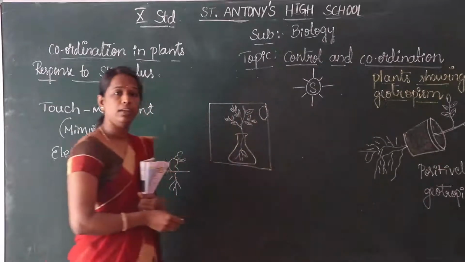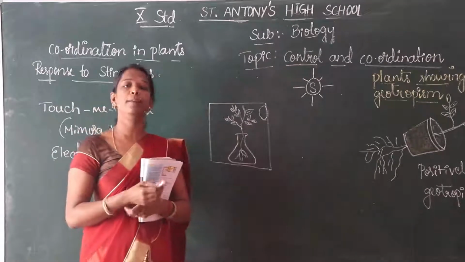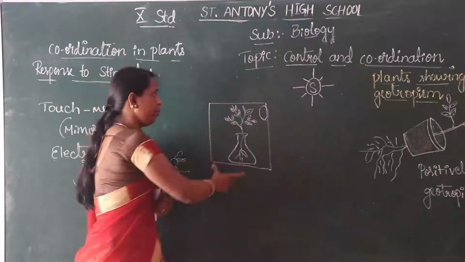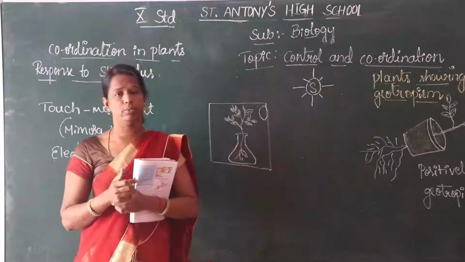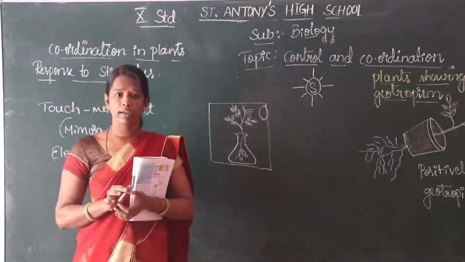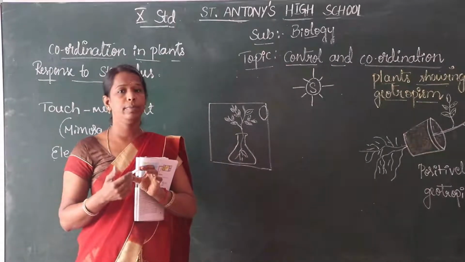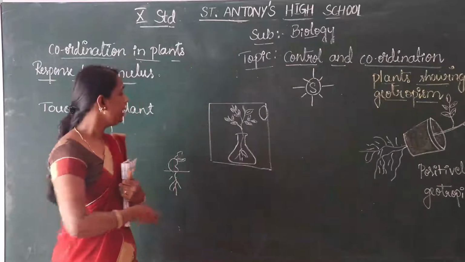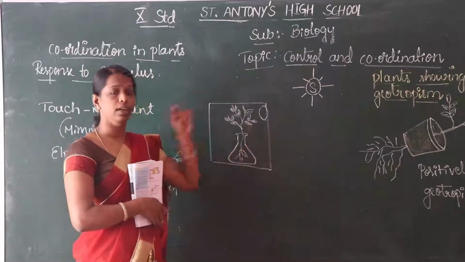Keep it in your classroom window or in the sunlight. You already learned this in the lower classes, maybe in 6th or 5th. So make one hole in the cardboard.